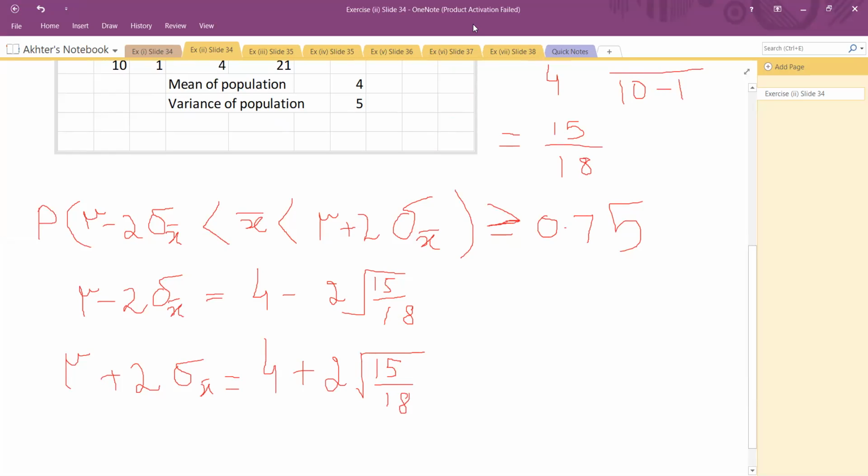The value of the square root of 15 upon 18 is 0.912871.